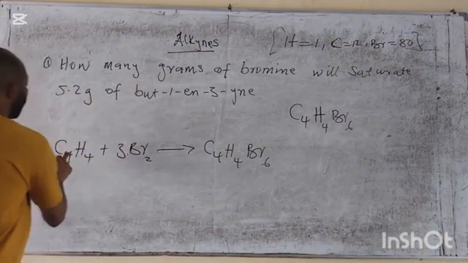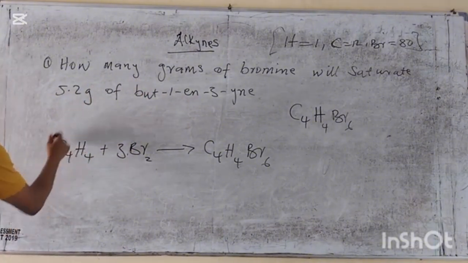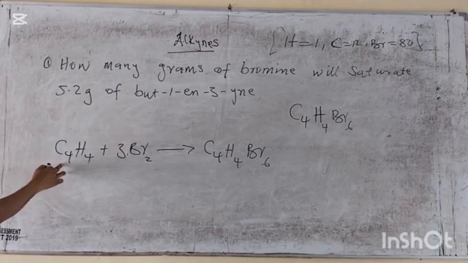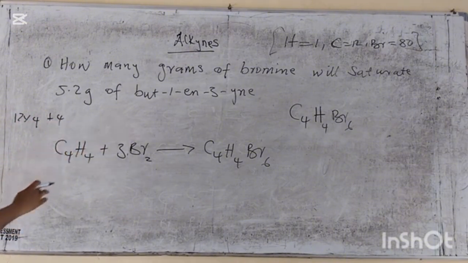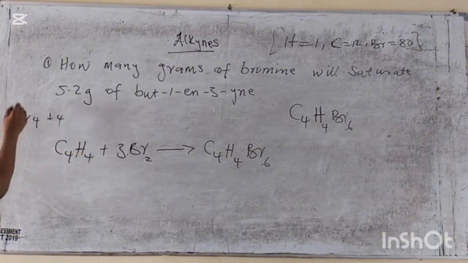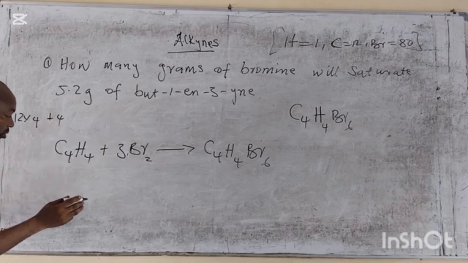Let's calculate the relative molecular mass of this. Carbon is 12. 12 times 4 plus 4. 12 times 4 is 48. Plus 4, 52.